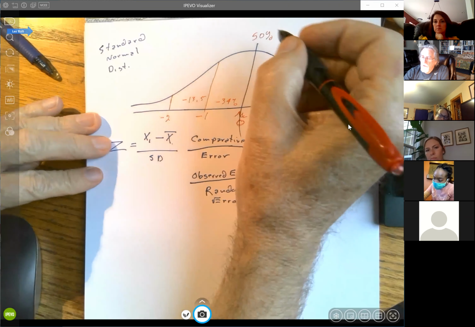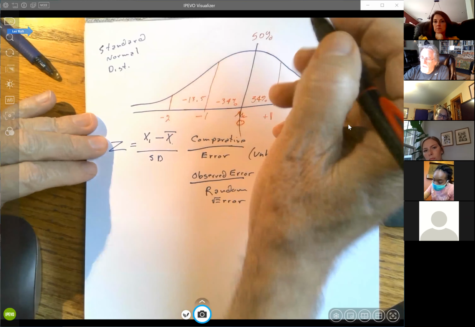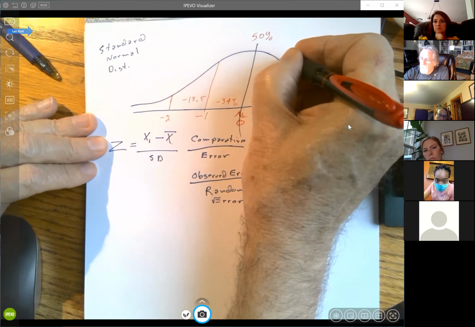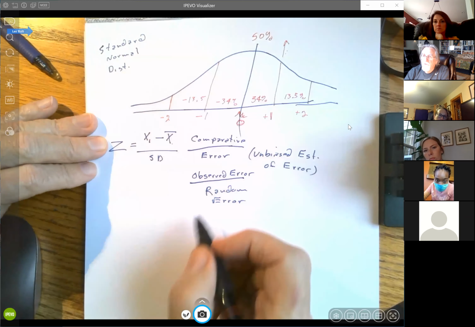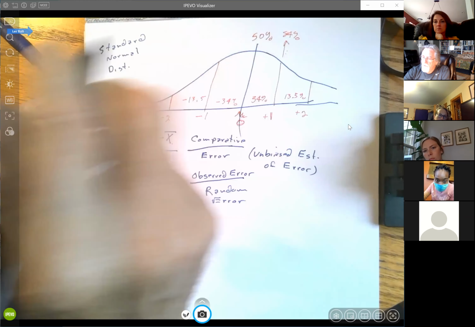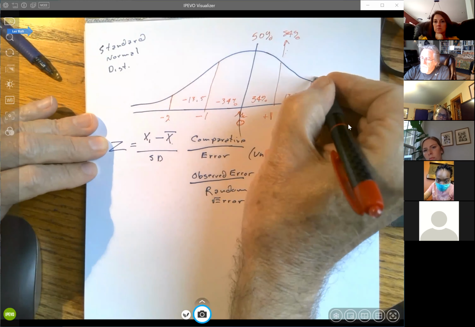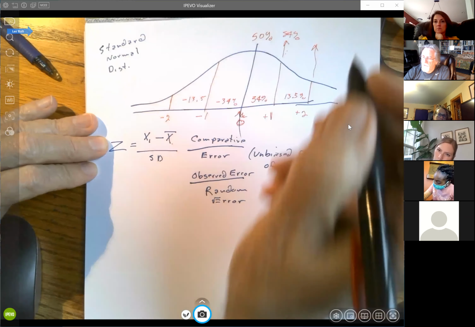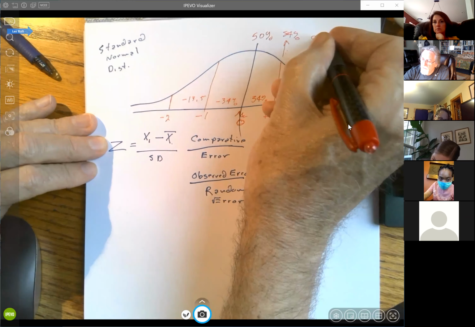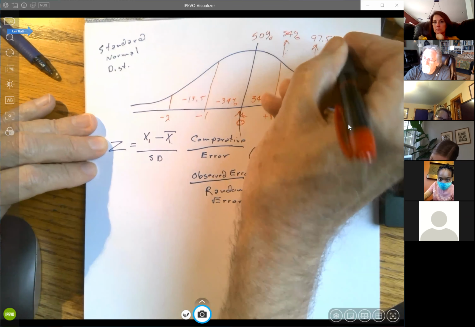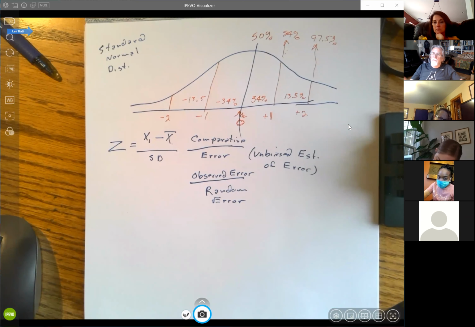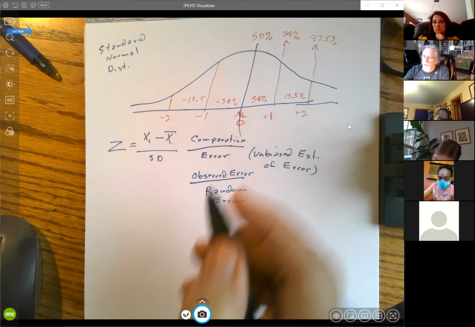Because if you accept this to be the 50th percentile, then if we add another 34% of the area to that, this becomes the 84th percentile. You add another 13.5% surface to that, this becomes the 97.5 percentile. And it works the other way, except it subtracts.